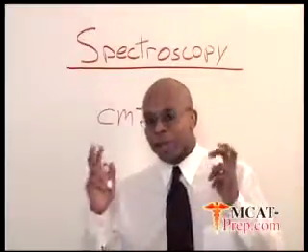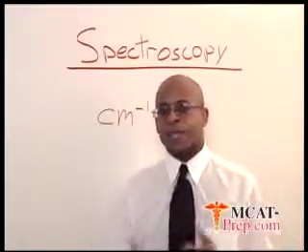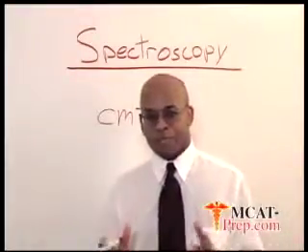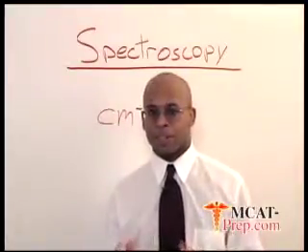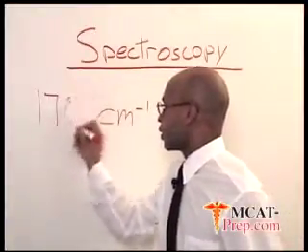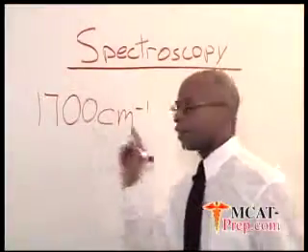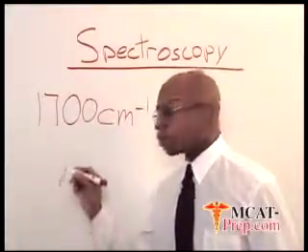And you are responsible, according to the MCAT, to know those different values. Now, just from experience, I can say that there are at least 2 values that you must memorize. And that is the number 1700. And 1700 would be the absorbance for the carbonyl group.